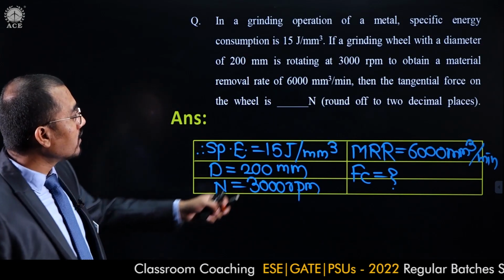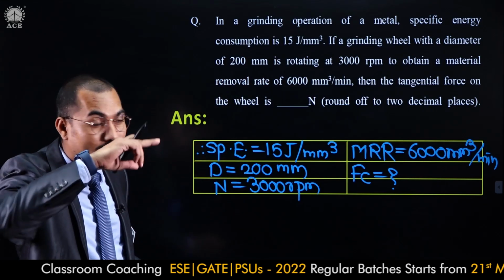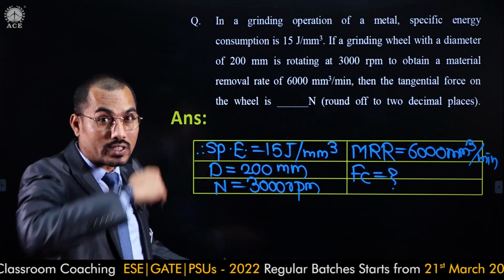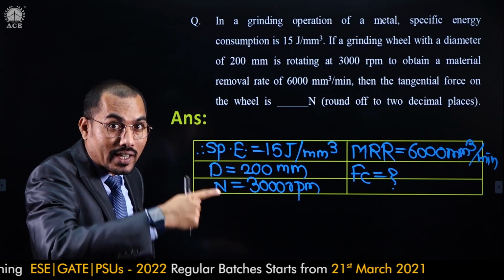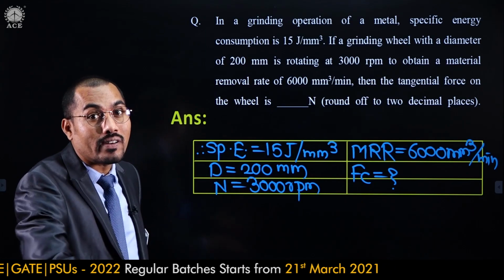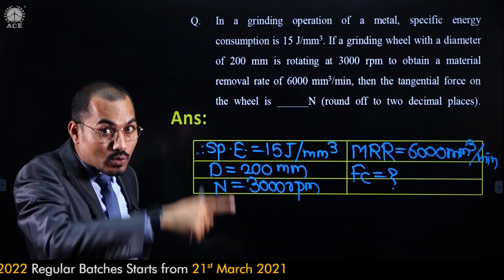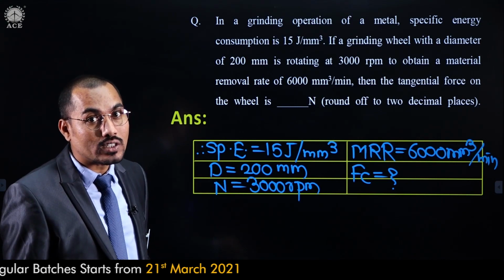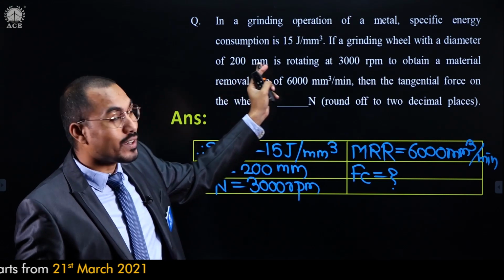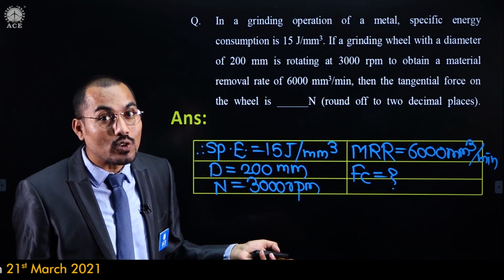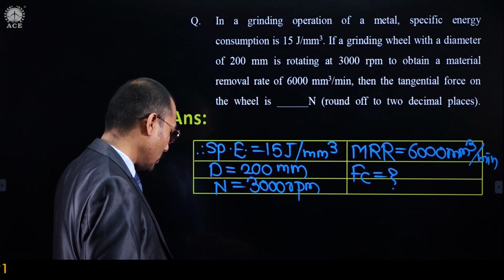It is given that the grinding wheel has a diameter of 200 millimeter and rotates at 3000 RPM. Whatever circumferential velocity the wheel is rotating at will be the velocity by which it is cutting. So can I say that pi into d into n is exactly equal to Vc? Therefore, Vc is exactly equal to what?